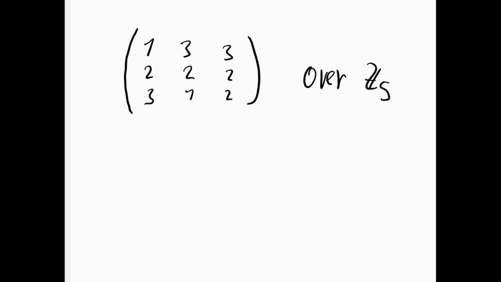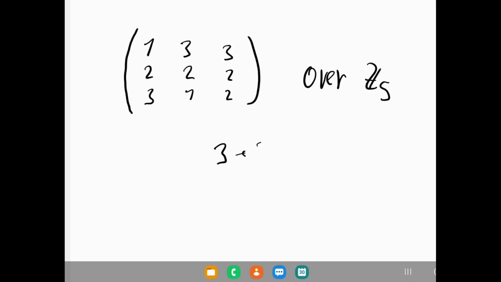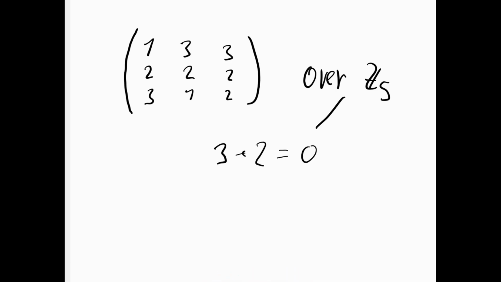That means when we do any arithmetic, we would take the remainder after division by 5 instead of just adding the numbers or dividing. That means, for example, 3 plus 2 would be 0 under these conditions. 3 plus 3 is 6, but we have to divide it by 5 and only write the remainder, so that's 1. That's the idea for Z5.